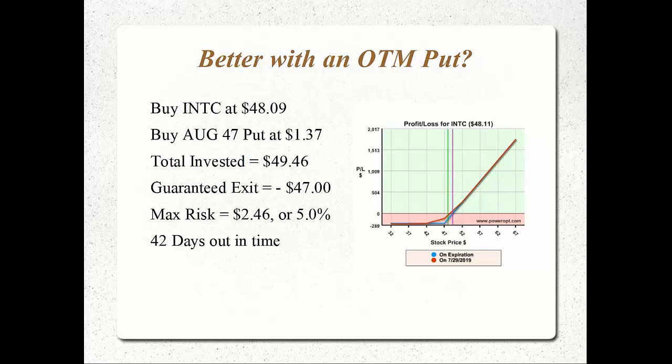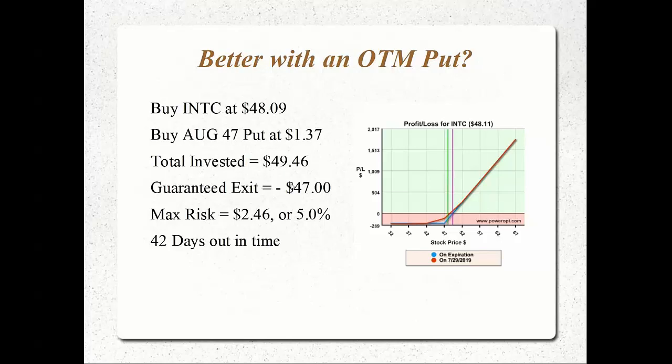Yes, but now the risk is up to 9%, because the insurance doesn't kick in until the stock falls. To get 5%, we have to be at the 47 strike. Total invested, $49.46, not bad, about $3 less than the longer-term position. We're guaranteed to get 47 back in the worst case, so again, we're risking $245, or roughly 5%.